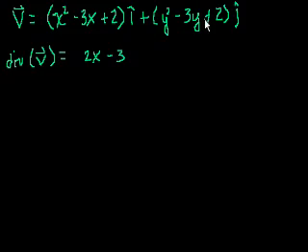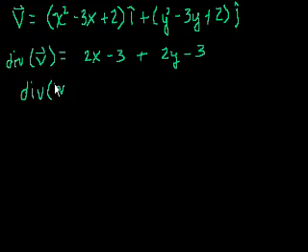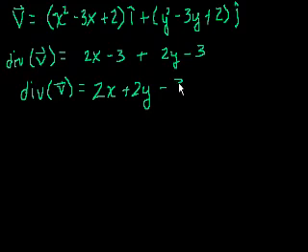There's only y's in the y component, so we just take the derivative with respect to y. So it's plus 2y minus 3. Or we could just say that the divergence of v at any point xy, so this is a function of x and y, is 2x plus 2y minus 3.